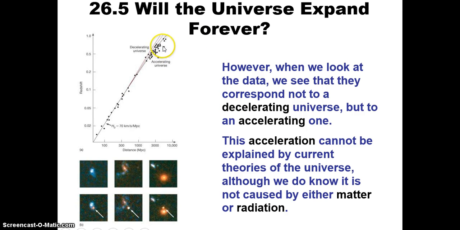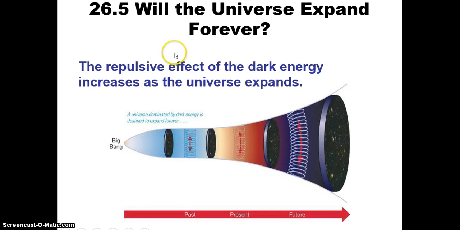Of course, just like dark matter, we gave it a name. So here's a nice picture. The name of this repulsive force is called dark energy. All right, and so what the dark energy is doing, it's kind of like imagine a spring at different stages during the ages of the universe.